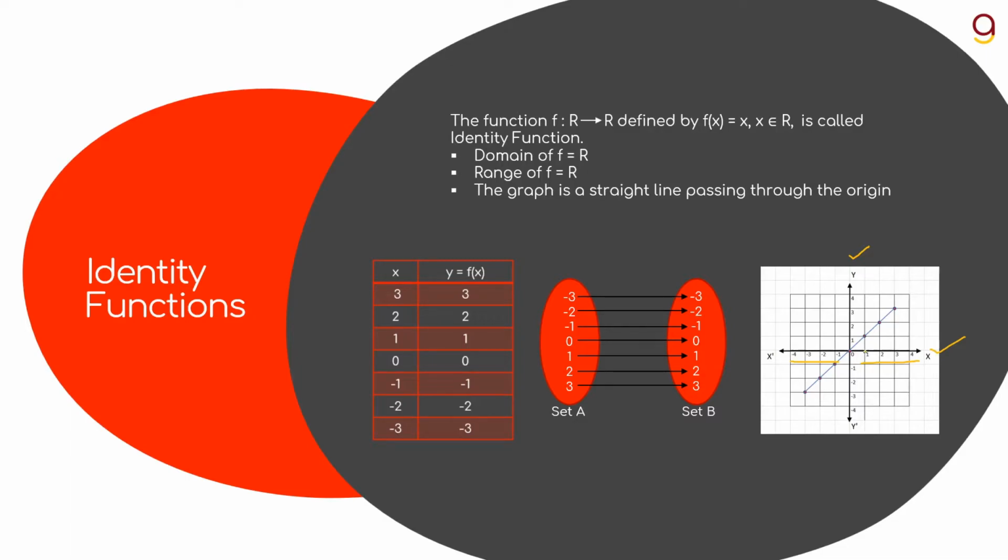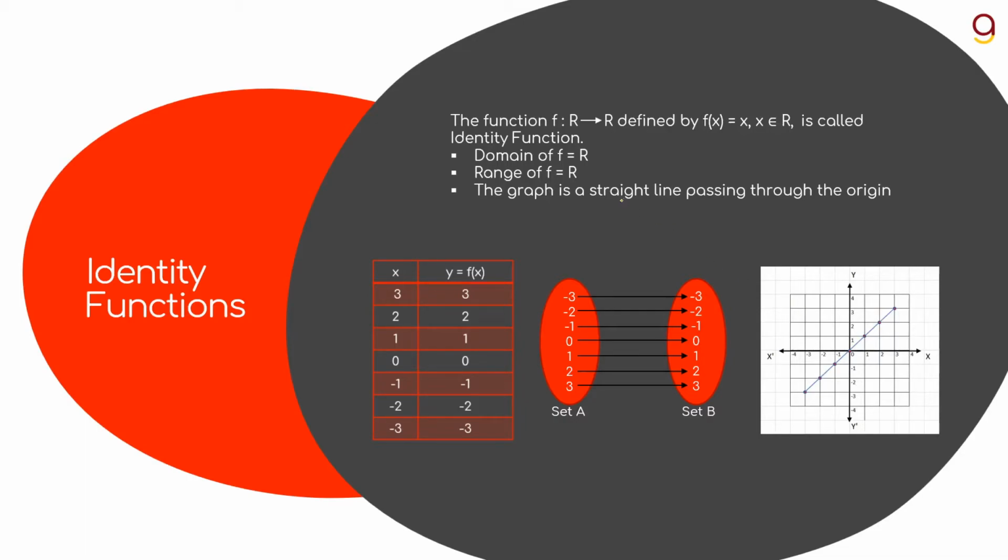If we put 1 as an input, the output will also be 1. If we put 2, the output will be 2. If we put 3, the output will be 3. If we put -1, the output will also be -1. Similarly, if we put -3, the output will also be -3. So now if we join these points, we get a straight line passing through the origin.